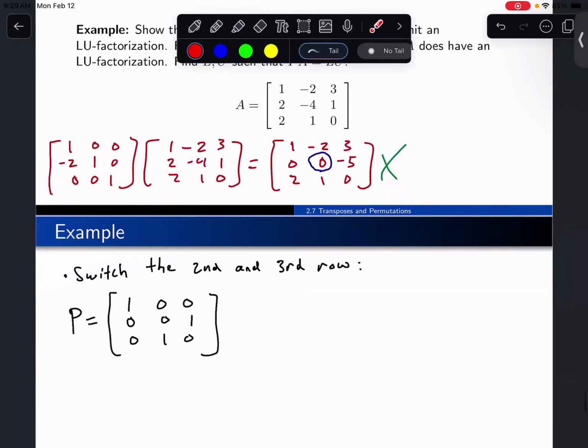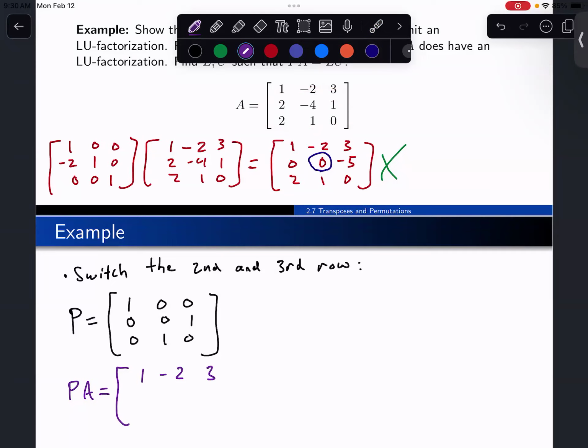So now if we considered P times A, the effect is that it will just switch the second and third rows of A. So this means that the first row will be 1, -2, 3.